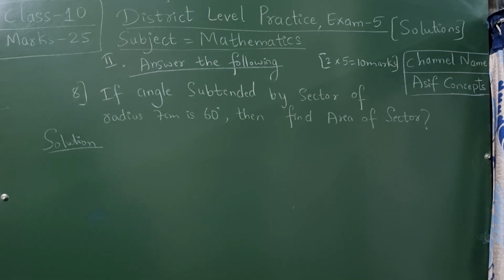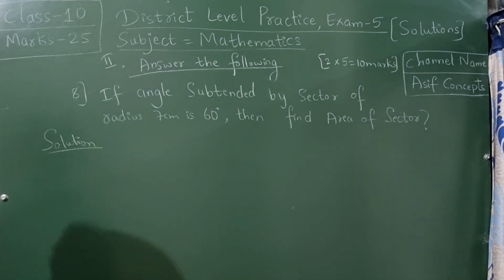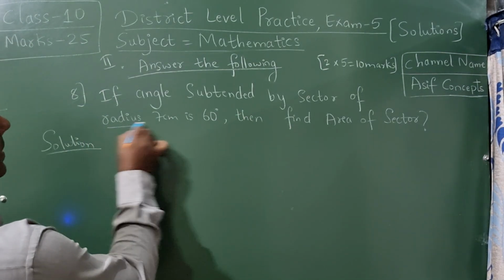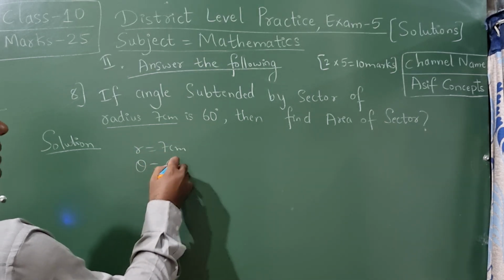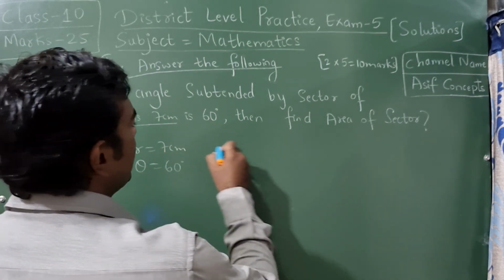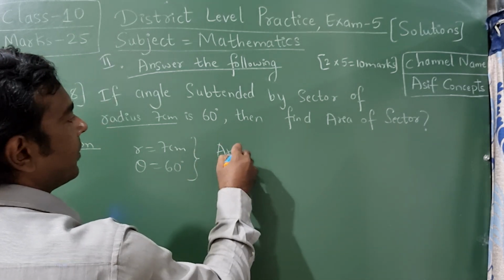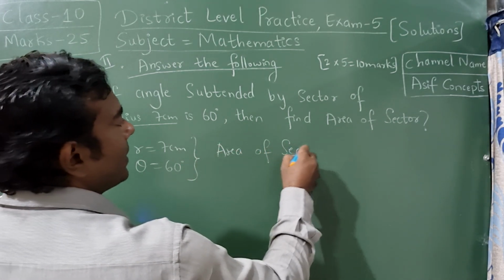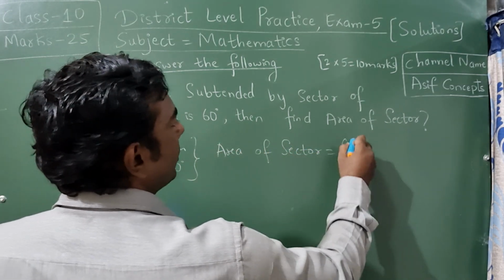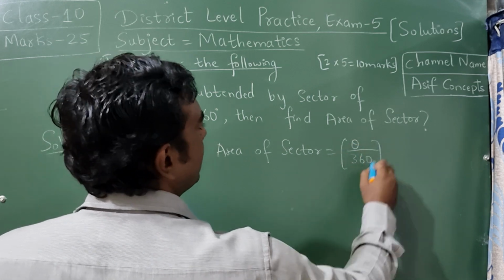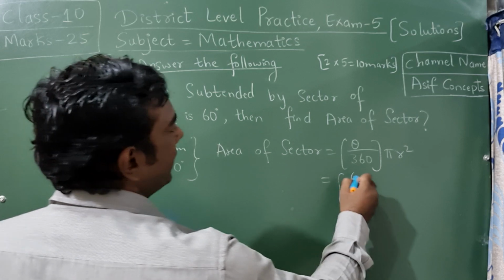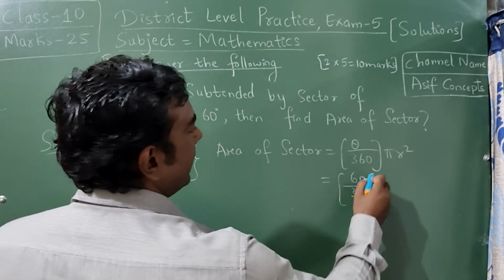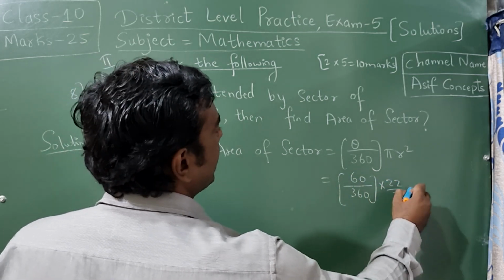Now the eighth question is if the angle subtended by a sector of a radius is 7 centimeter and theta is 60 degree, find the area of the sector. Area of a sector is equal to theta divided by 360 pi r square. So theta is how much here? 60 degree divided by 360 into 22 by 7.